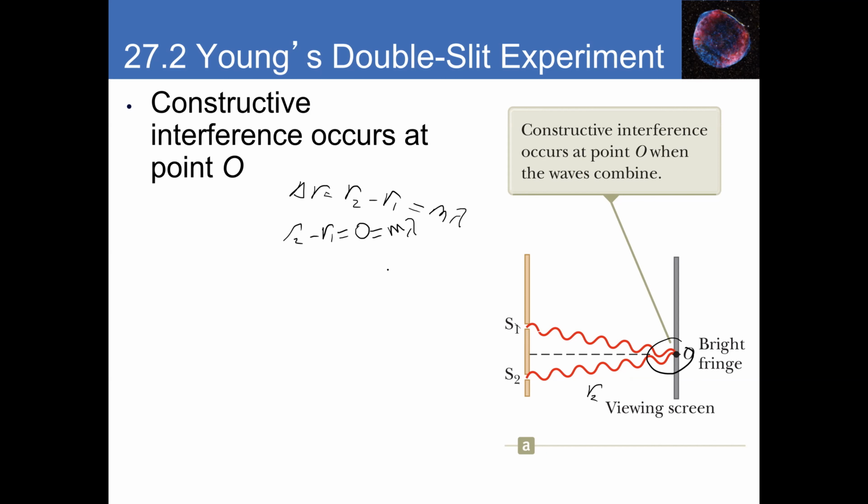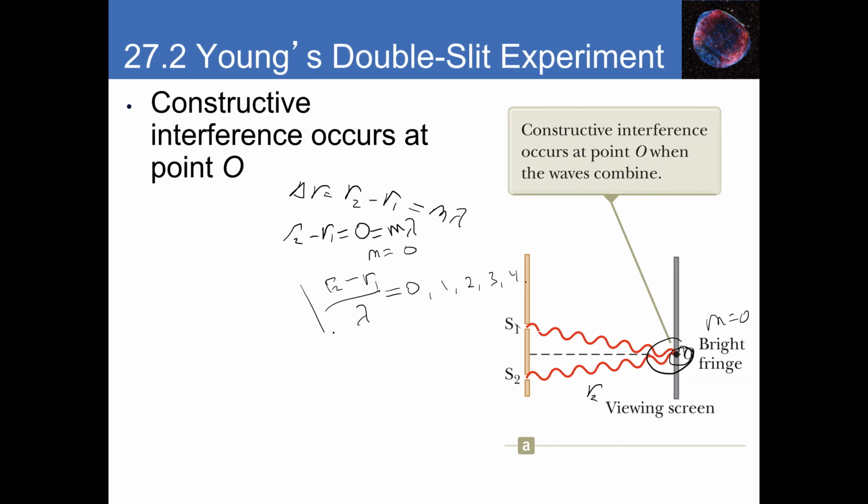So how can m times lambda be 0? It can only be if m equals 0. That means the central bright fringe has an order of m equals 0. And I know it's constructive interference because when I divide R2 minus R1 by the wavelength, if I get 0, or 1, or 2, or 3, or 4, and so on, I'm going to get constructive interference.